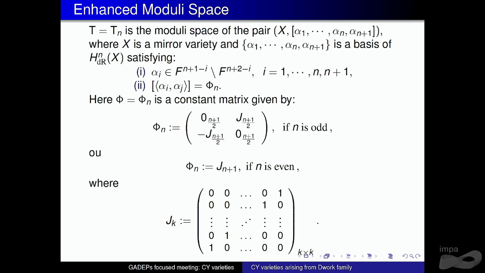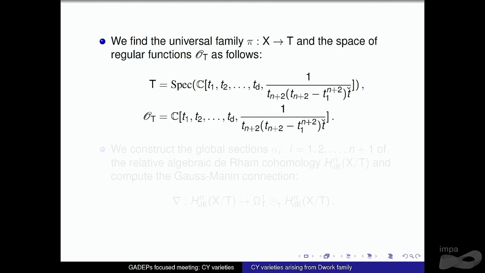So considering this modular space, here comes the theorem that we are constructing the universal family. Then Hossein talked about this one also today. The whole modular space will be this spec of this expression here.